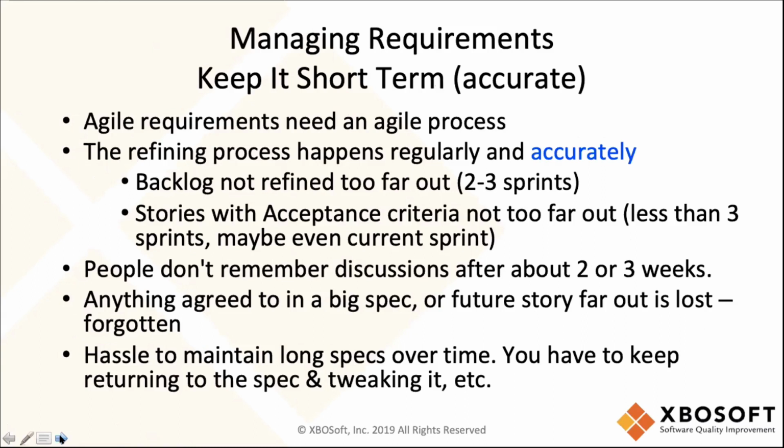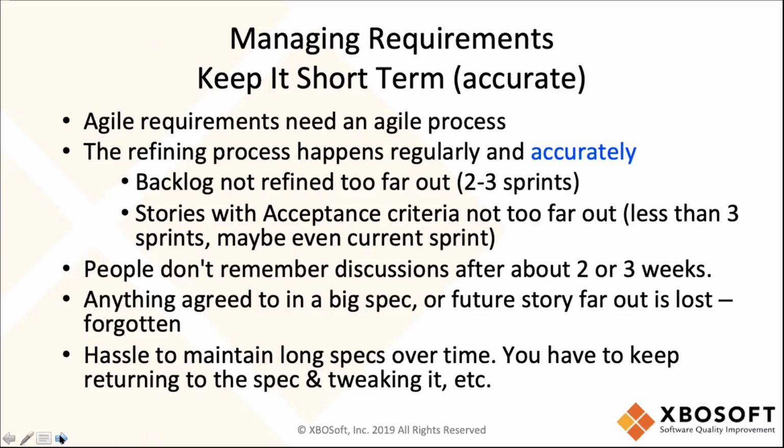I think it goes without saying that when you manage requirements in an agile process, the simple fact that you're using agile means that you should not be planning too far out, because the information that you gain from one sprint is going to impact the next sprint.